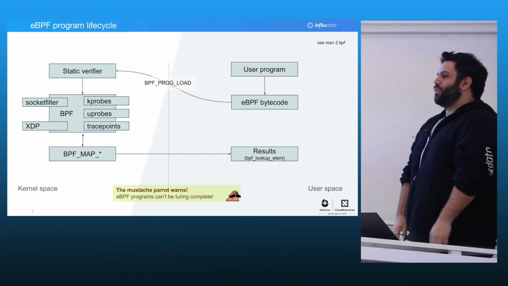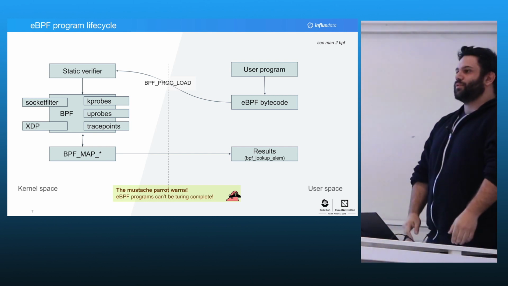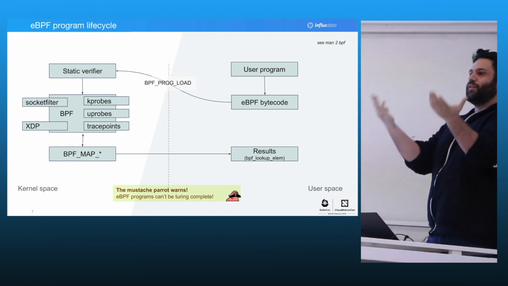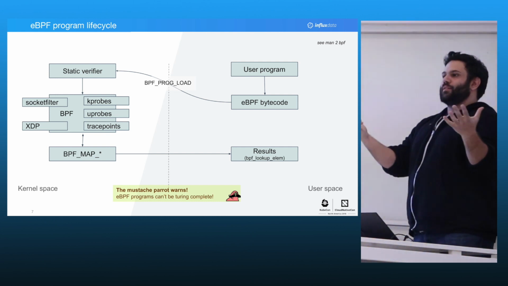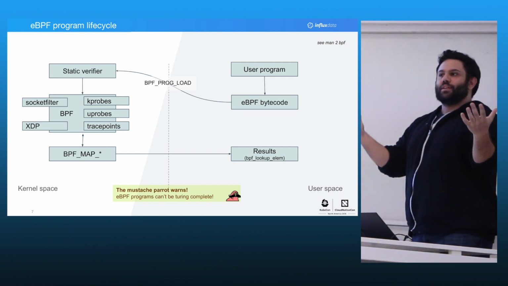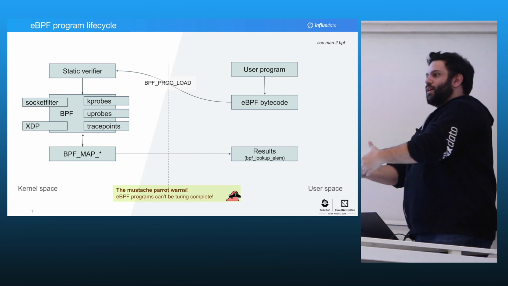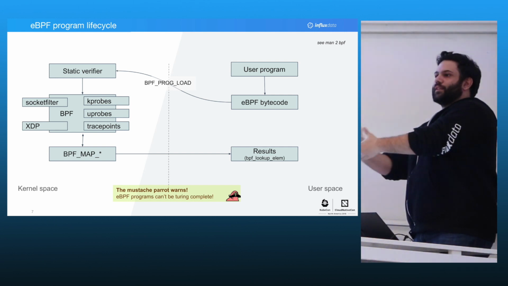So that's the life cycle that happens when you load an eBPF program. So the first thing you have to understand is that when you normally write a program, with compiled programs, you compile your programs for an architecture, and then you execute that program on that architecture, right?